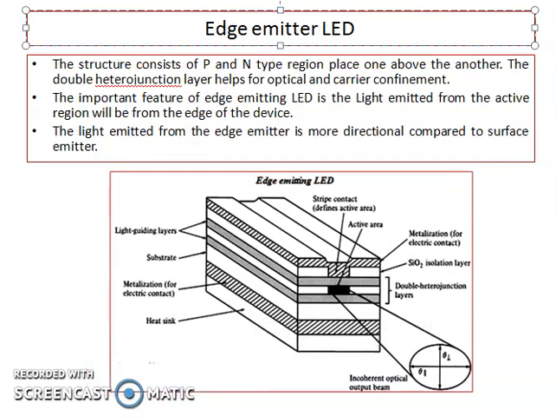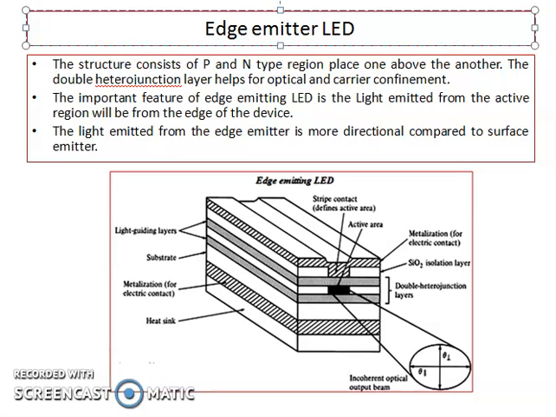The other type of construction arrangement is what we call the edge emitter LED. Here also the structure consists of P-type and N-type regions placed one above the other. The double heterojunction layer here helps for optical and carrier confinement. The important feature of this type of edge emitting LED is that the light emitted from the active region will be from the edge of the device as shown in the diagram.